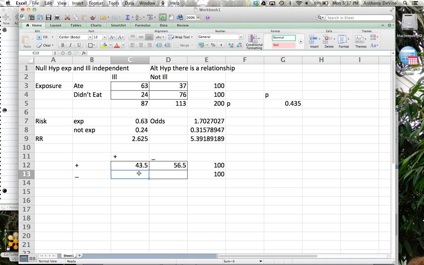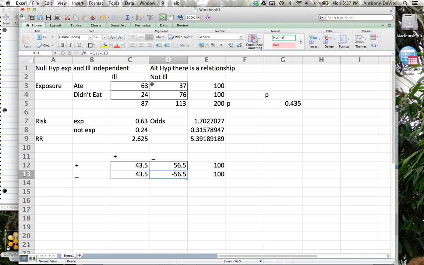Similarly, we would expect for this other group the same percentage of people getting ill. So that's also going to be equal to 43.5% times 100 people. And this is going to also be equal to 100 minus this number.